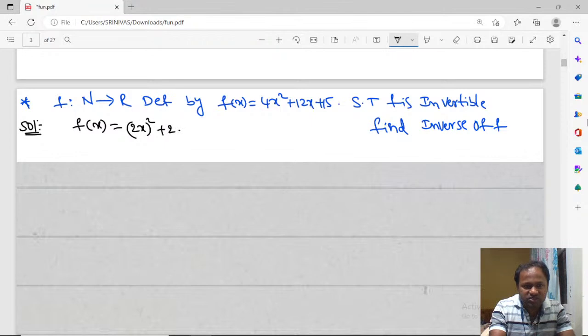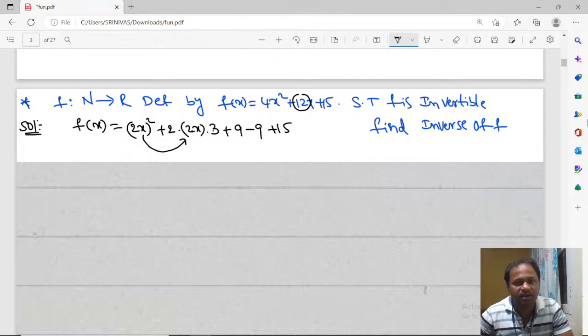I will write it as 2 into 2x into 3; 2 twos are 4, 4 threes are 12, because I have written a square plus 2ab. So we need to get 12. Okay, so 12 plus 9, minus 9, and I will write plus 15 as it is. This is the way to check.